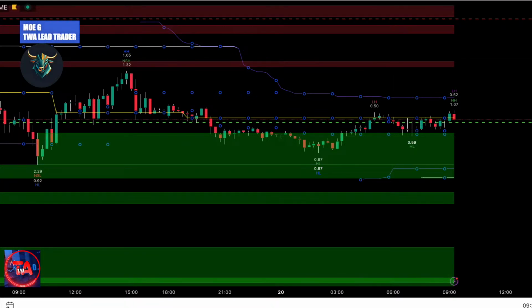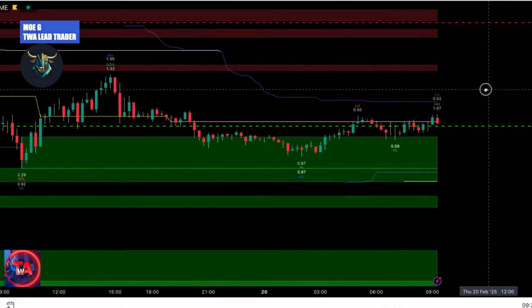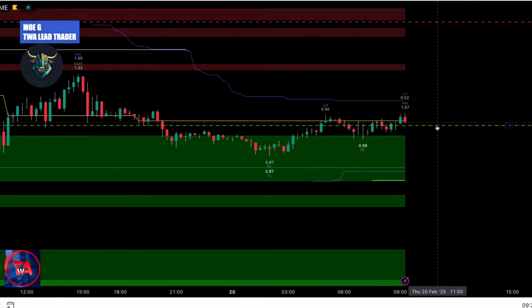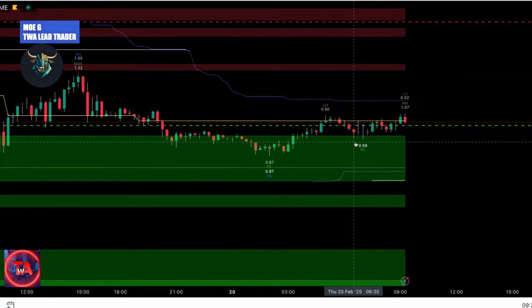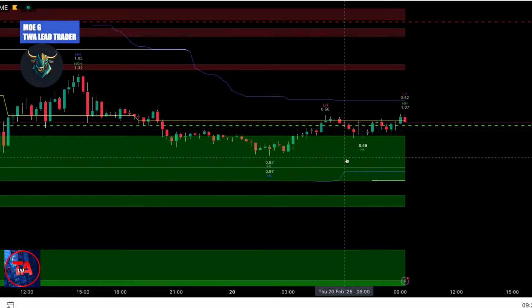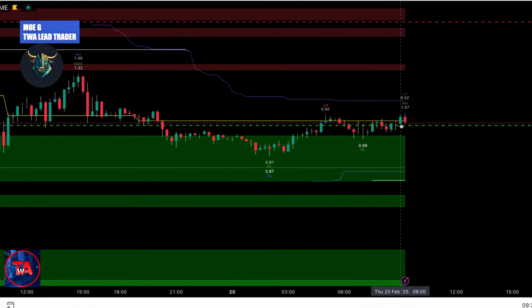We're going to be looking at Cloud's chart later on, but before we do that, let's look at the pre-market analysis. As you can see on the screen here, this is my long on stall level. Right now, we're pushing down. That's fine. We'll wait for open to see what happens, but right underneath us, using the TWA market structure, we have good support under us, so keep that in mind.